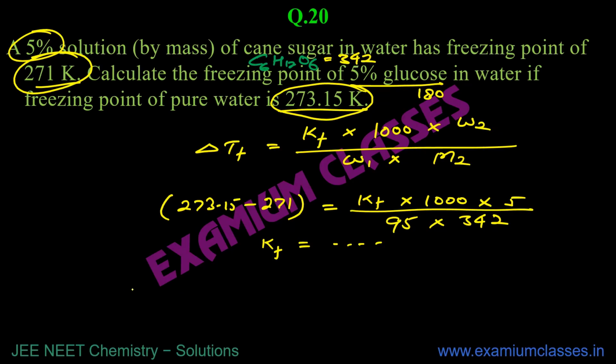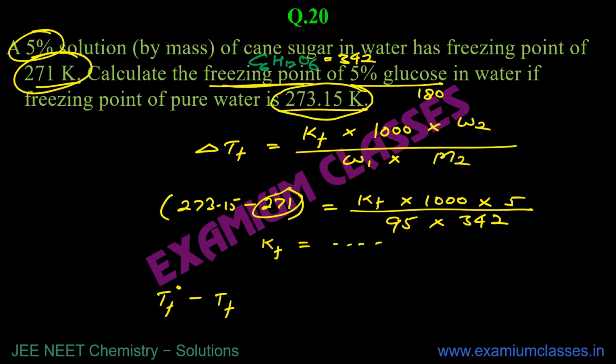In second case, you will say, okay, I need to calculate the freezing point. So freezing point will be actually TF naught minus TF. This is something I have to calculate. So TF naught will be same 273.15. It is same for water, but in solution, this will be different. So it will be equal to again same formula KF.